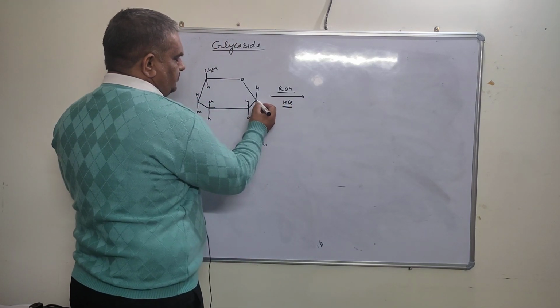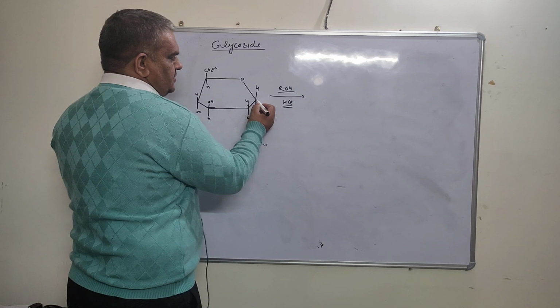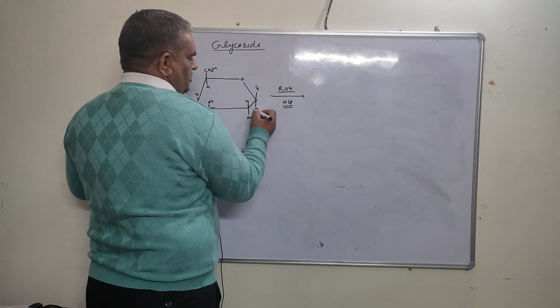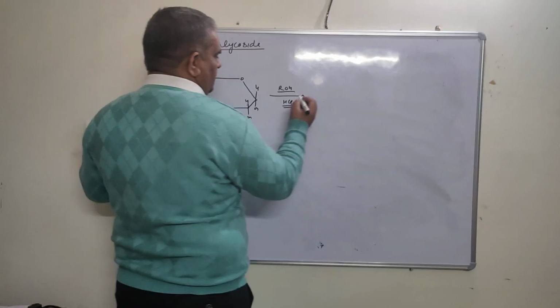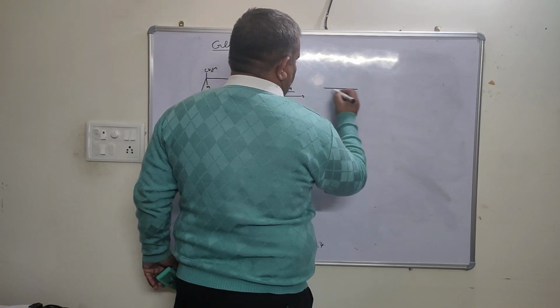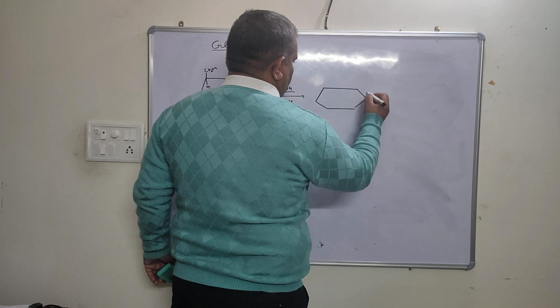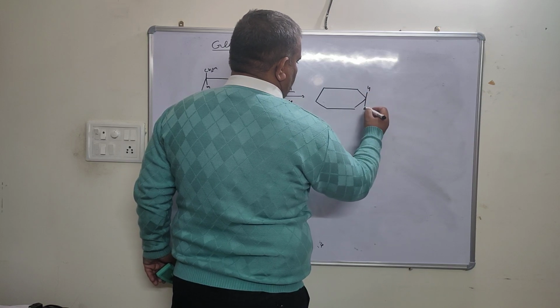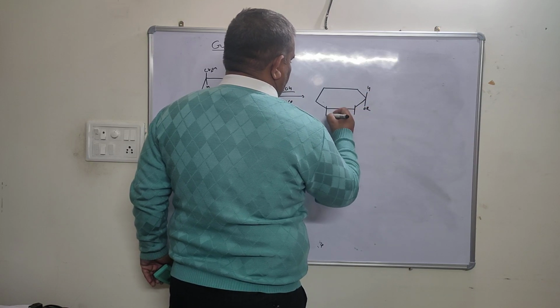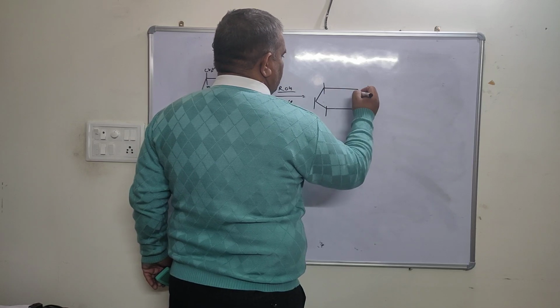This is the cyclic hemiacetal structure. So this group is replaced by OR and forms a mixture of glucosides.